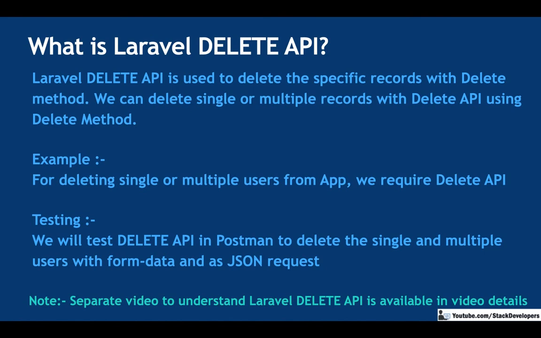So we require the Delete API, and also if a third party is sending some request to delete something from the database, then we require the Delete API. Let's test this in Postman as well.